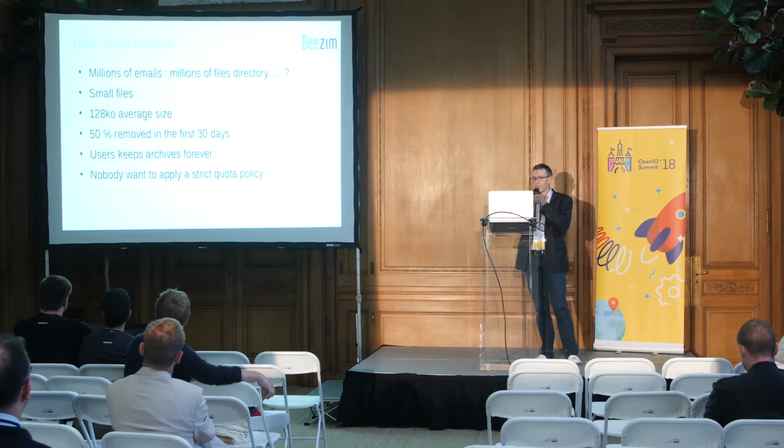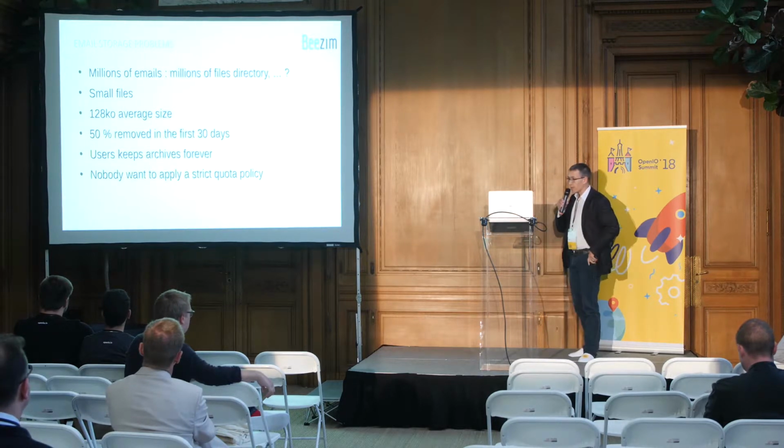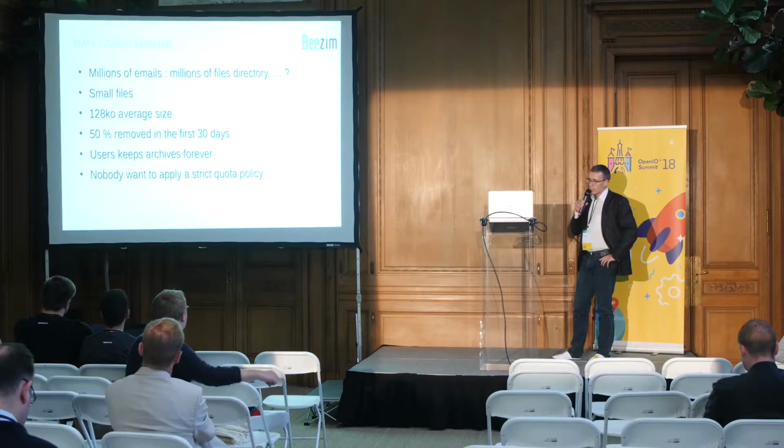When you manage email, the problem is that you will have lots, millions, even billions in some large deployments, of small files to manage. The average size of an email we see is quite small, 64 to 128 kilobytes.